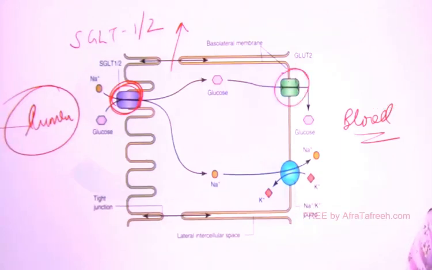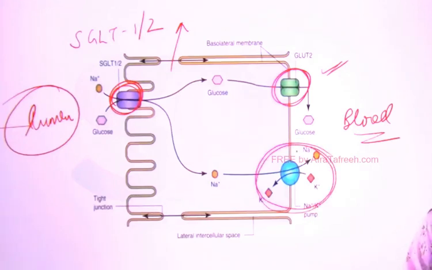And on the basolateral side, GLUT2 is present. GLUT2 is also present in kidneys, right? So GLUT2 is present on the basolateral side, and the sodium potassium ATPase pump is also always present on the basolateral side, right? So that means in kidneys we have many glucose transporters present.